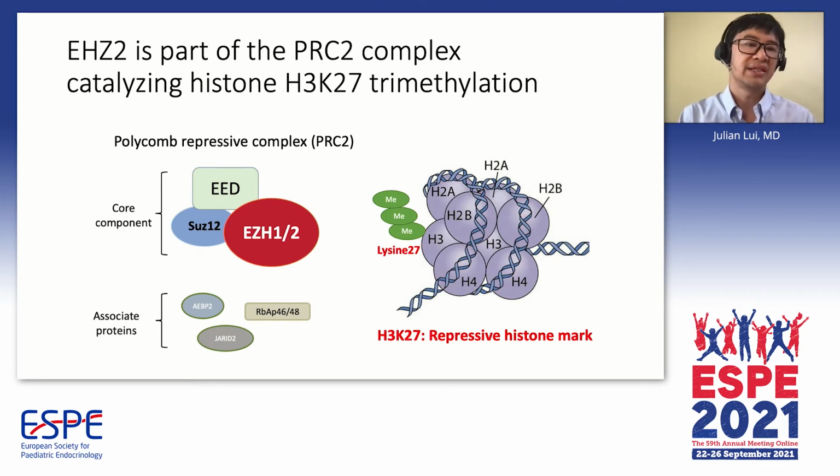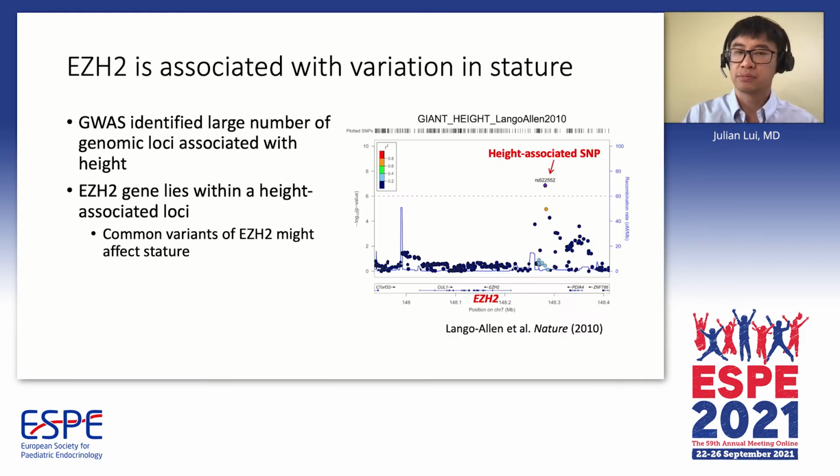So EZH2 is part of the polycomb repressive complex, also known as PRC2. PRC2 catalyzes H3K27 trimethylation, which is a repressive histone mark.